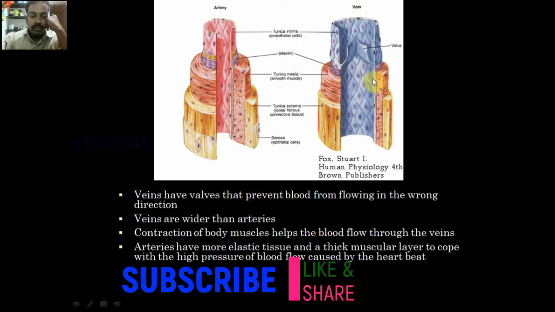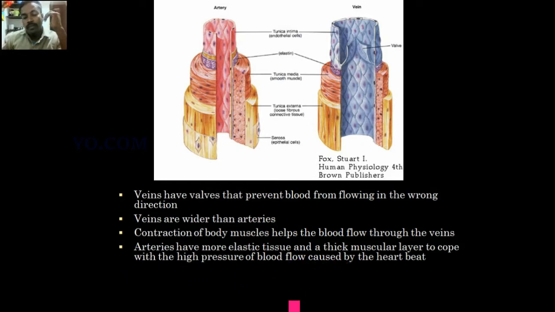Constriction of body muscles helps the blood flow through the vein. Arteries have more elastic tissue and a thick muscular layer to cope with the high-pressure blood flow caused by the heartbeat.